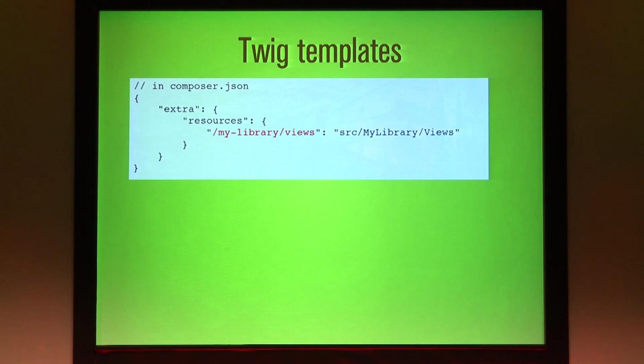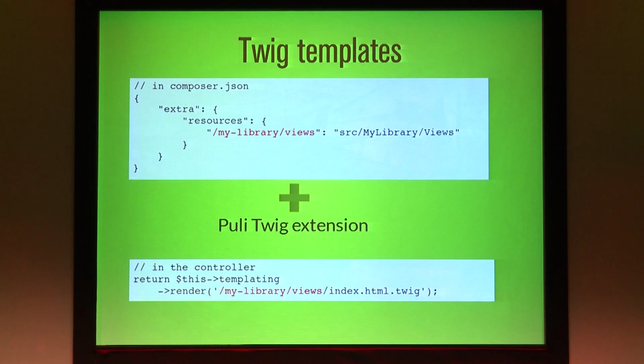So wherever a package is located in your project, be it in the vendor directory or some other fancy place, you will be able to, for instance, render Twig templates like this. You have to install the Puli Twig extension, and then you can do something like this in your controller.